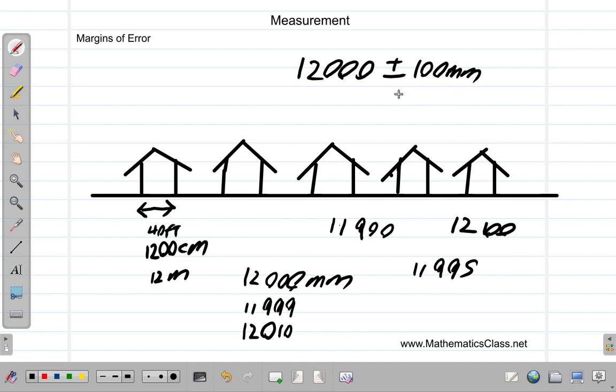So, the fact that you don't have exactly 12,000 means there is some small error, and the margin of error here is plus or minus 100 millimeters. So, that's the margin of error in this case. Now, what we're looking at here is the margin of error having to do with adding or subtracting a specific measurement.